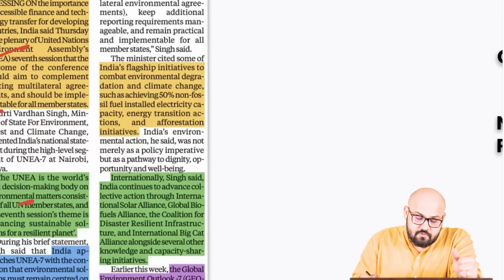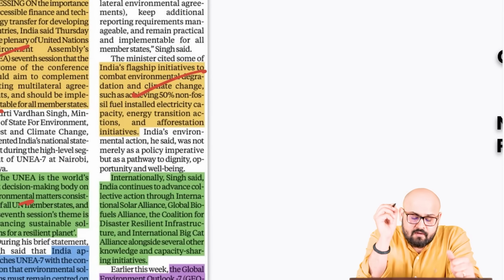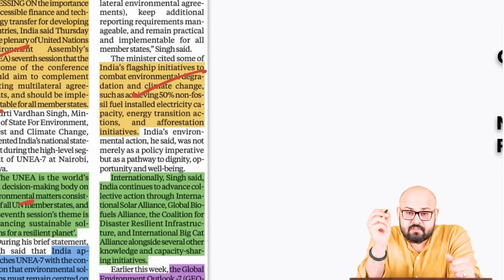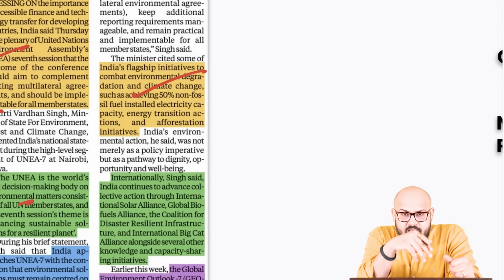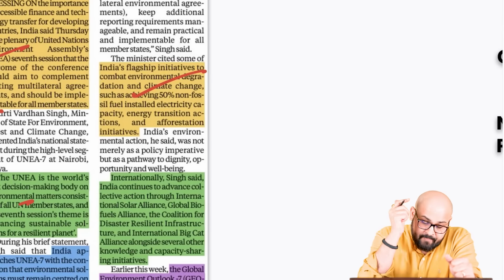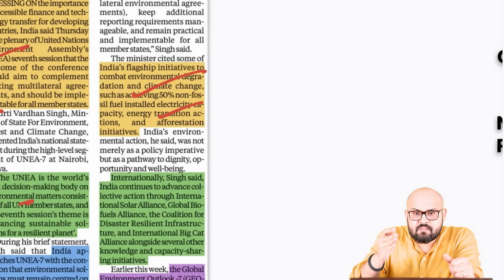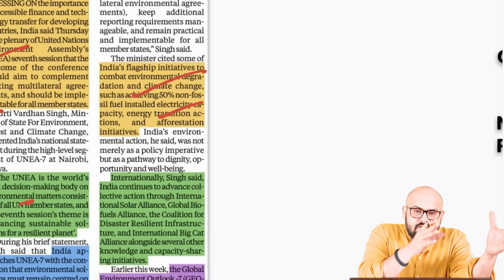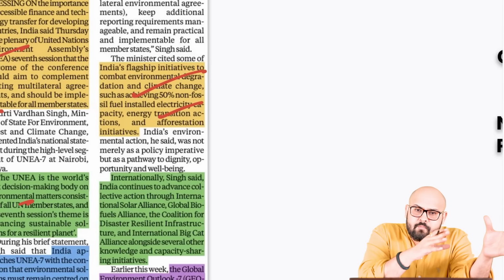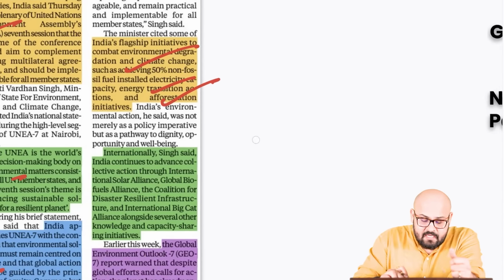India's flagship initiatives to combat environmental degradation and climate change, such as achieving 50% non-fossil fuel installed electricity capacity, one of the very important targets of the NDC, nationally determined contributions, and Panchamrit. Then we have the energy transition actions, which means you are converting the energy supplies from fossil fuel base to renewable energy technologies, RETs, and afforestation initiatives.